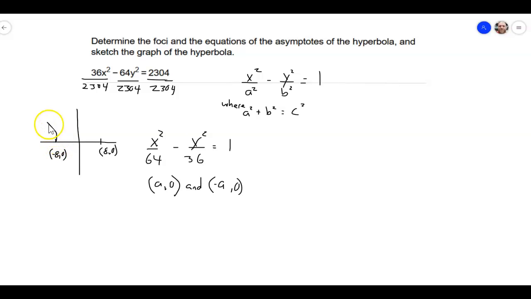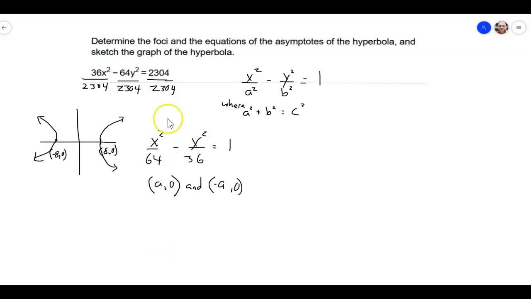And then it's going to go something like this in both directions, right? And we don't exactly know how steep or not steep it's going to be. That's why we're going to find the equations of the asymptotes, because that'll help us figure out where these curves are approaching.